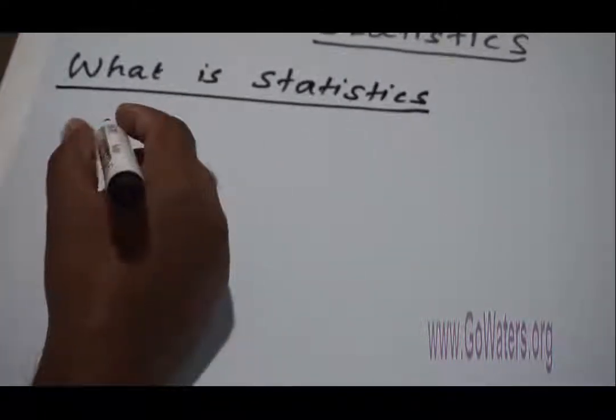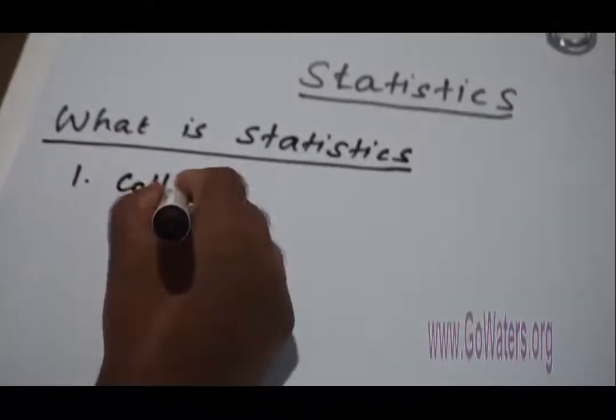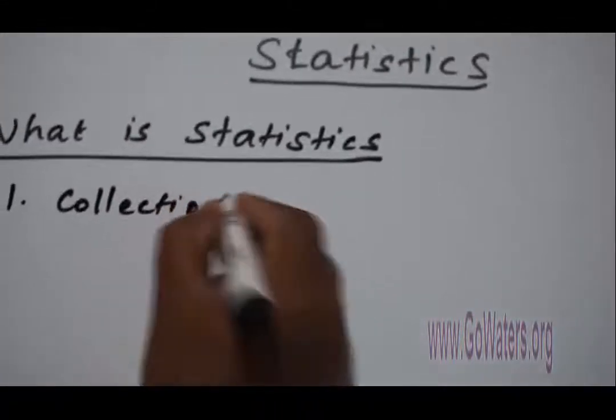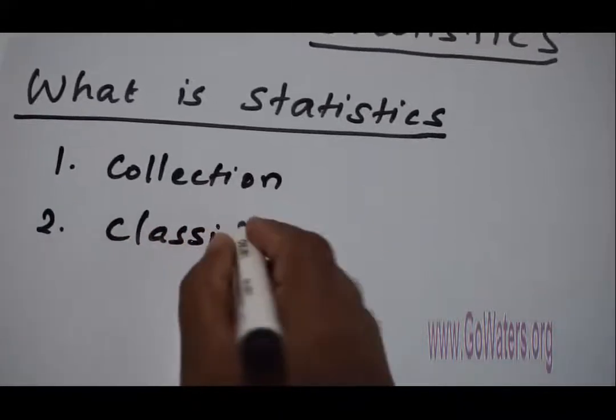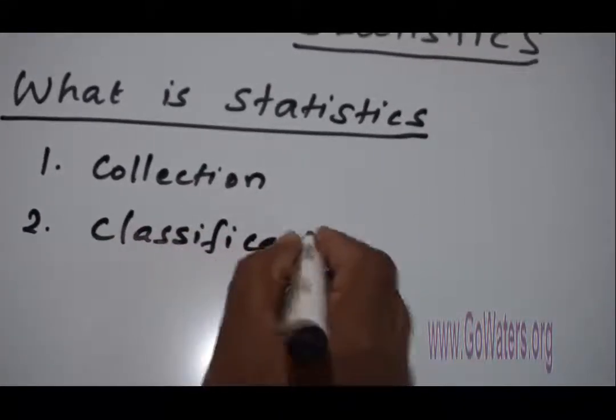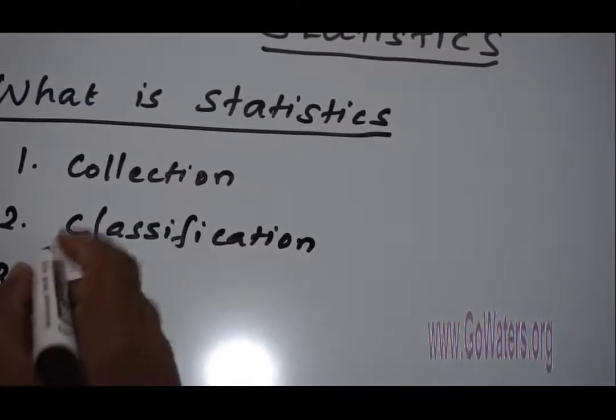So let me write it for you. So this one is collection. The second is classification. Third is tabulation.